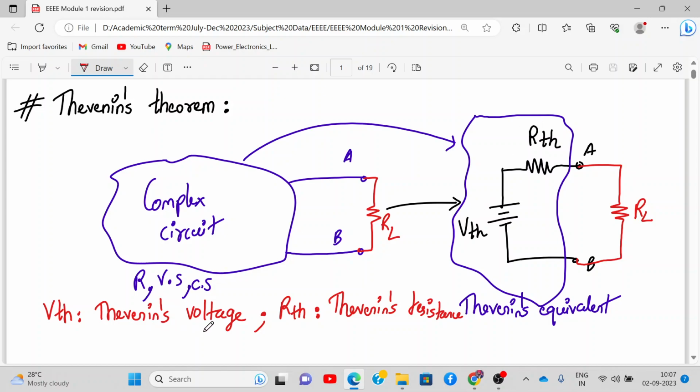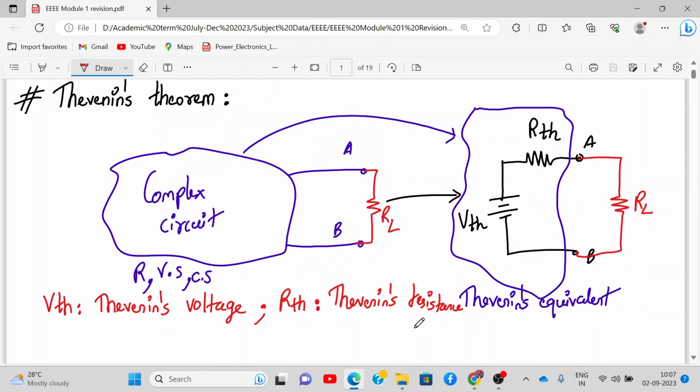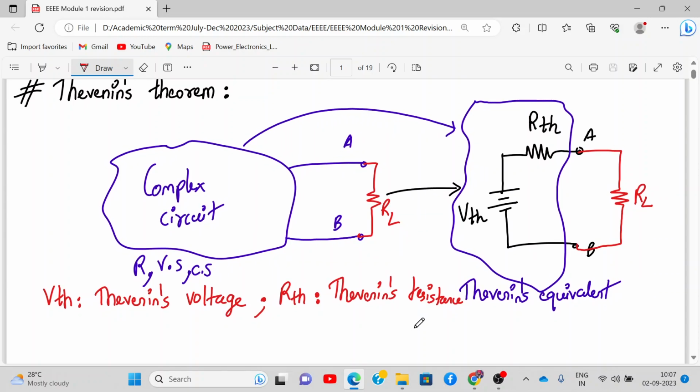VTH is called Thevenin's voltage, RTH is called Thevenin's resistance. You're able to hear and it's clear? Yes, sir. Alright. So next we will find out how to find the value of VTH and RTH.